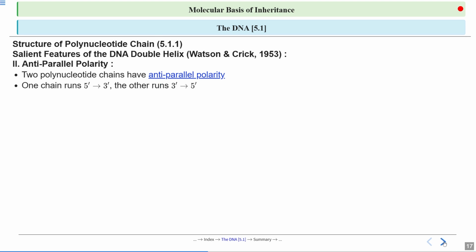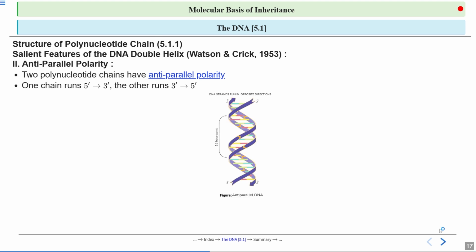One chain runs, as I said, 5' to 3', whereas the other runs from 3' to 5'. You can see, this one chain is from 5' to here 3', whereas the other is 3' to 5'. They are in the opposite direction. They have this anti-parallel polarity.